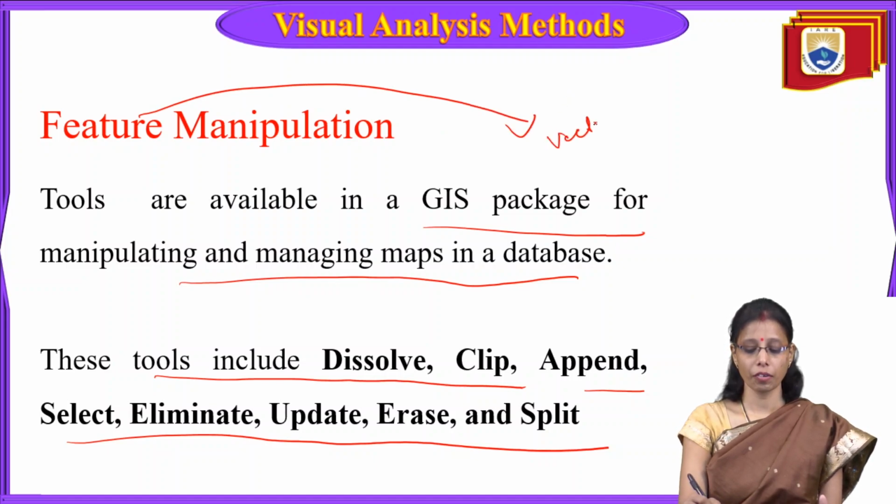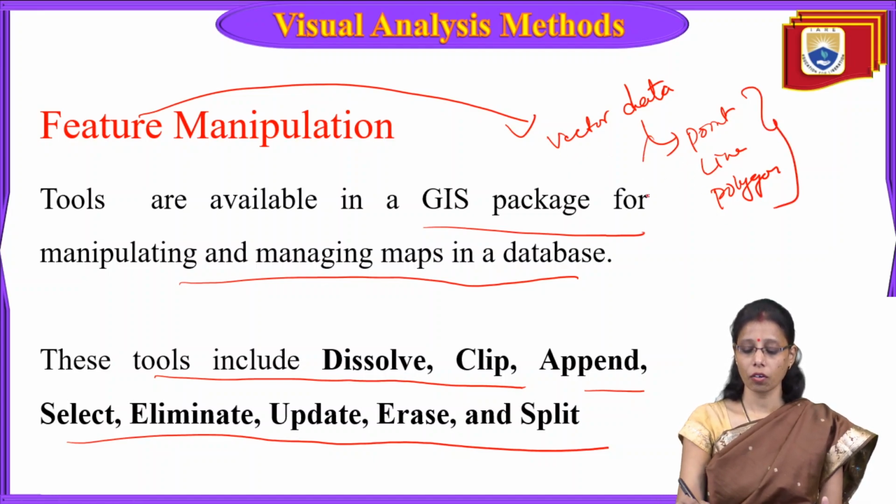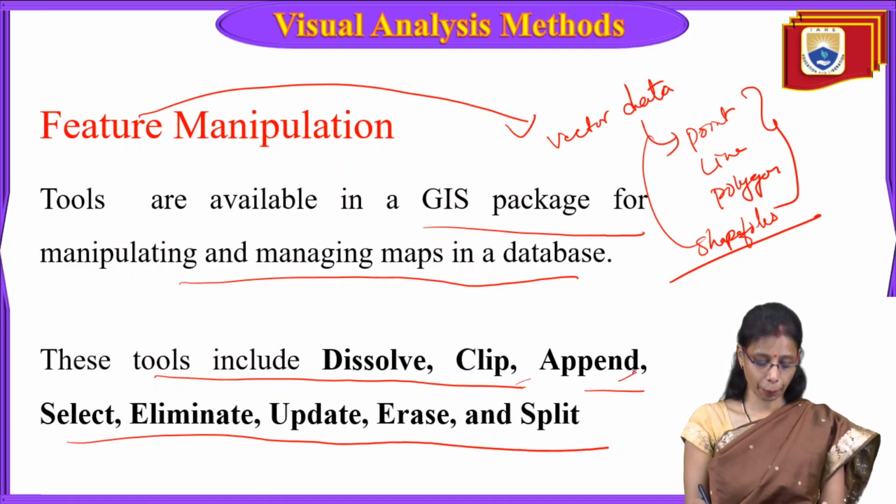We are talking about vector data, which is point, line, polygon. So three are the features here, vector data, or else we can call them shape files. We use these for feature manipulation, with tools for dissolve, clip, append, select, eliminate, update, erase and split.